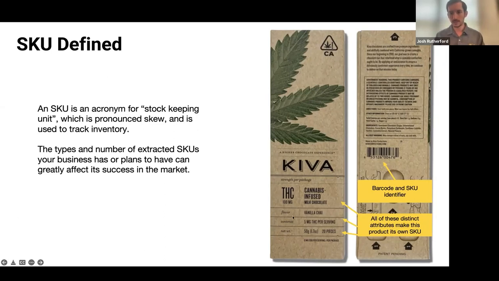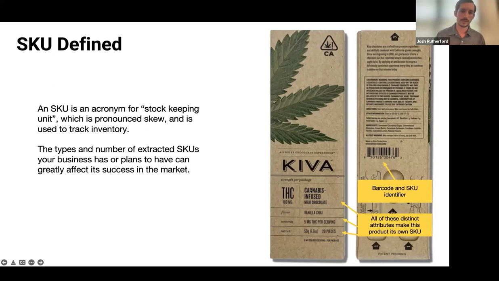It's really important to have what your product is made from. Whether that's distillate, live resin, or solventless, there are many different things that you can do. This one is specifically a cannabis infused milk chocolate.